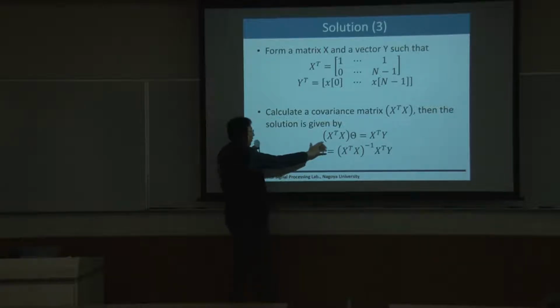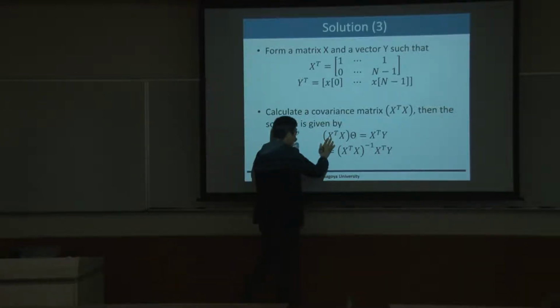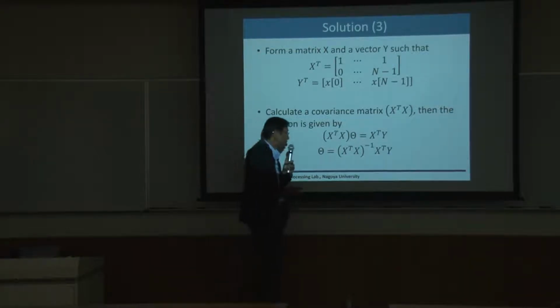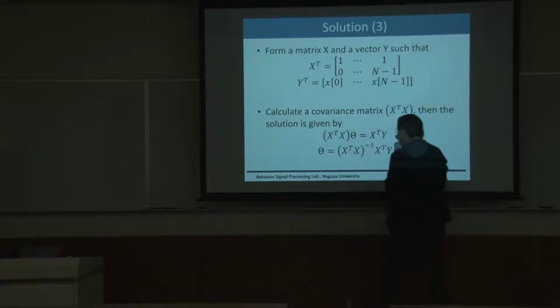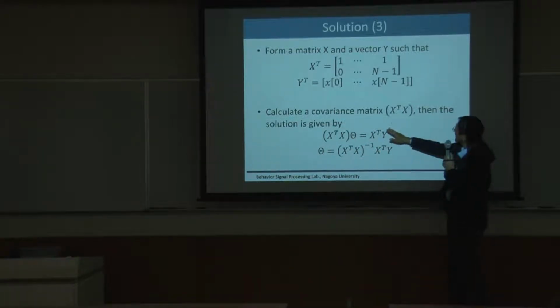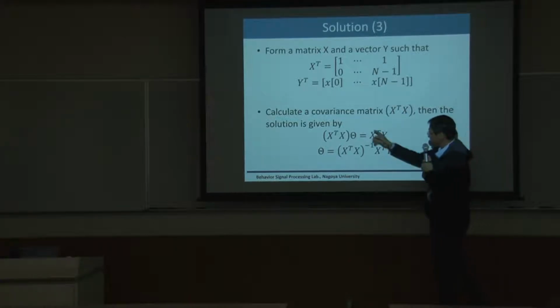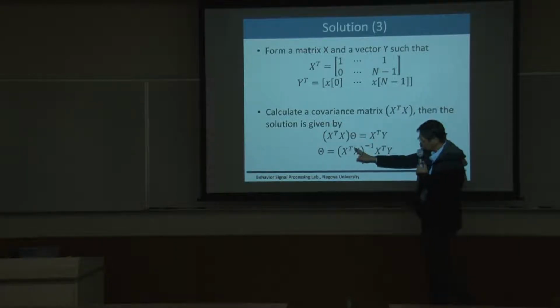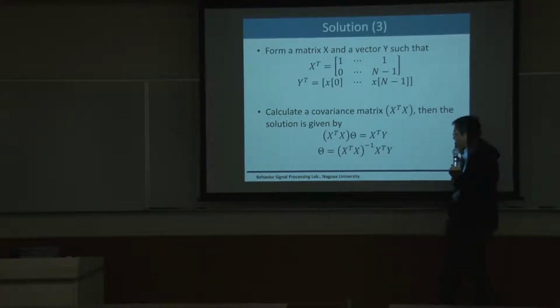And then you can calculate x transpose times x, which gives you a correlation function like I mentioned earlier. And also you can prepare theta. Theta is a vector organized by theta 0 and theta 1 in the second order case, and in the general case, theta 1, theta 2, theta 3, and so on. And then x transpose times y.